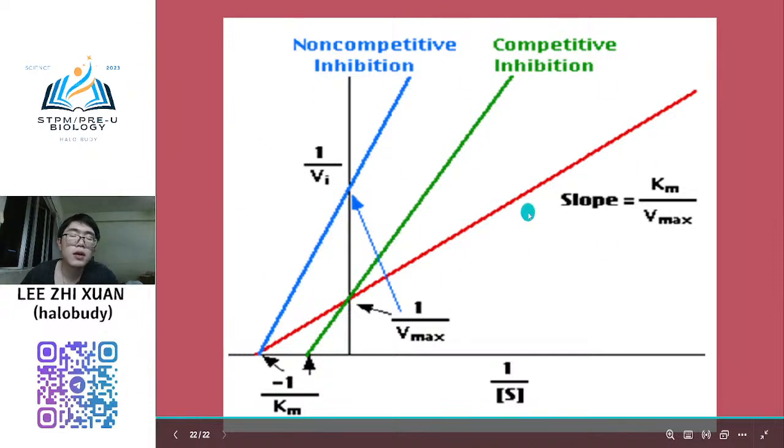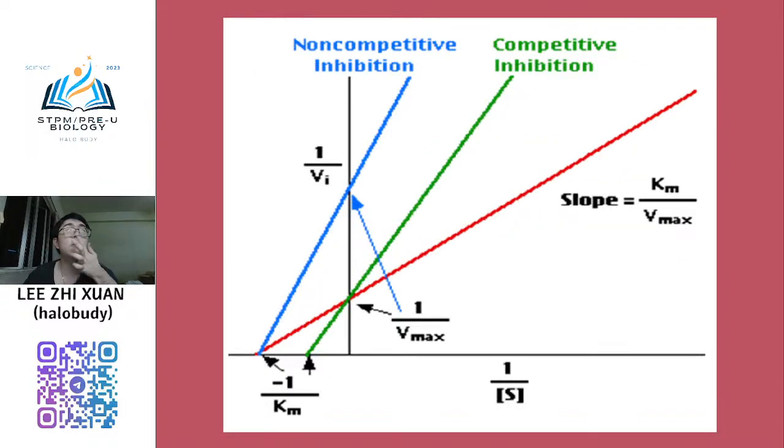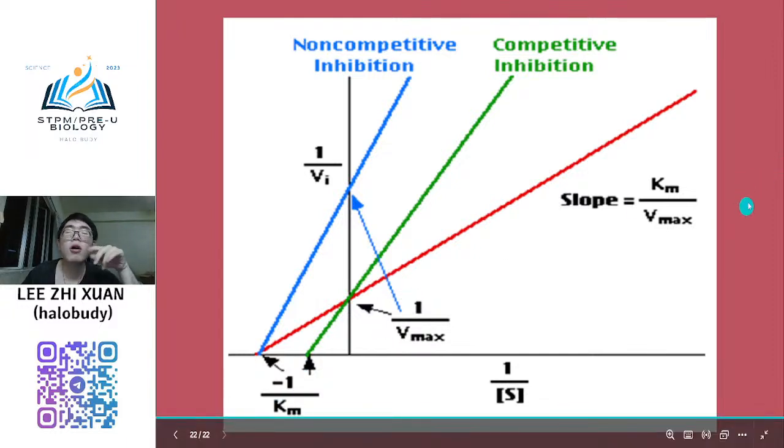So these two graphs you must remember, and based on these two graphs, you already know their differences. So if in the exam they ask for the difference between competitive inhibitor and non-competitive inhibitor, you know how to do it. Also in the exam, maybe they give a graph and want you to find the Vmax, Km, or even the gradient.